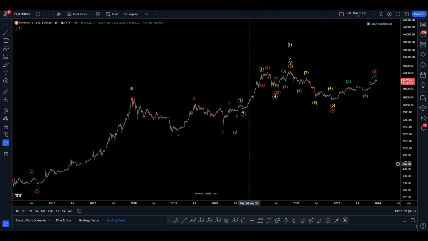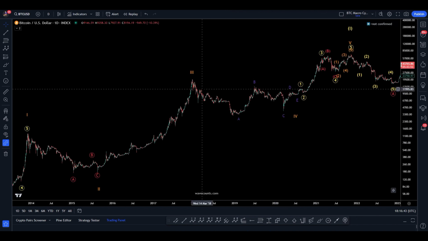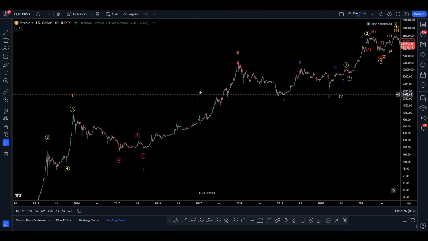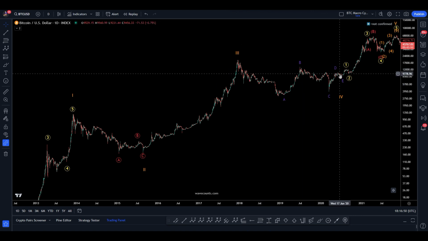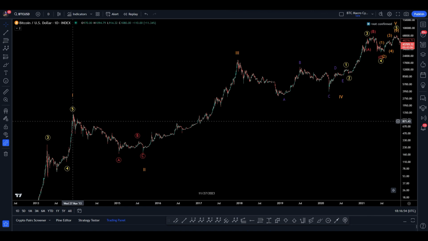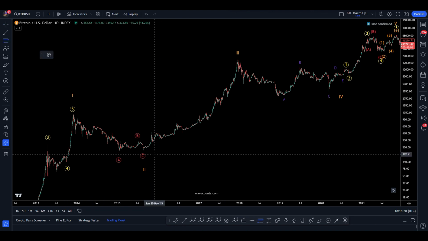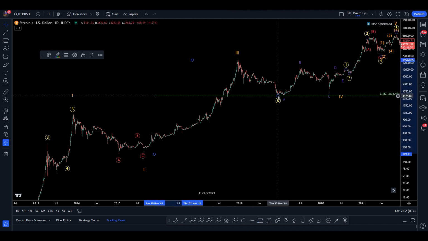Well, that being said, the extreme of this fourth wave should also retrace 38.2% of this wave. This is a bigger one, right? So you have a triangle, and the extreme of that triangle should retrace 38.2% of this third wave. What do we got? Dang near, boom, right on.